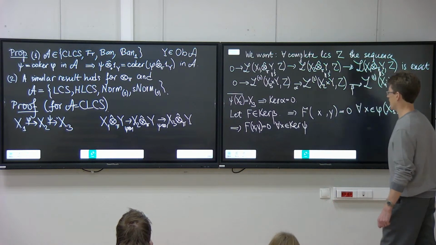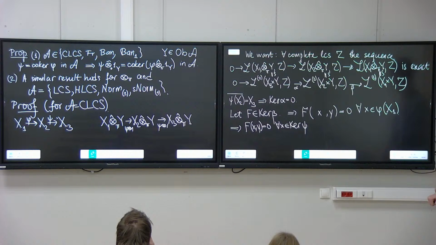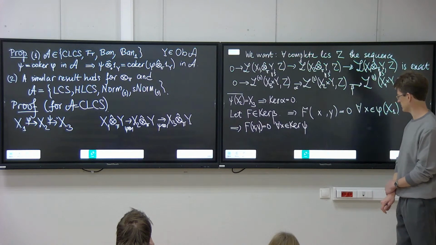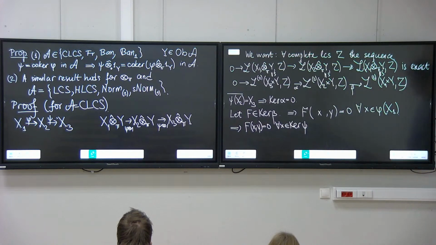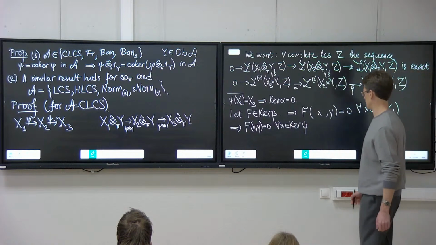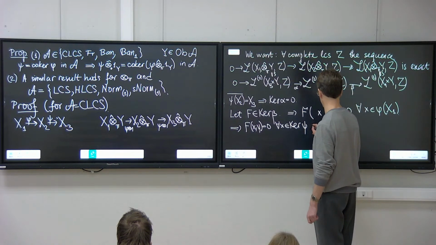Therefore, we can quotient out the kernel, and what we get is a set-theoretic range of psi, and we may define a bilinear map.